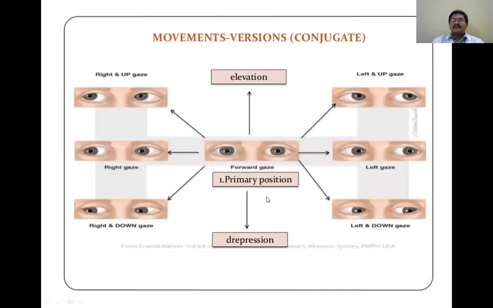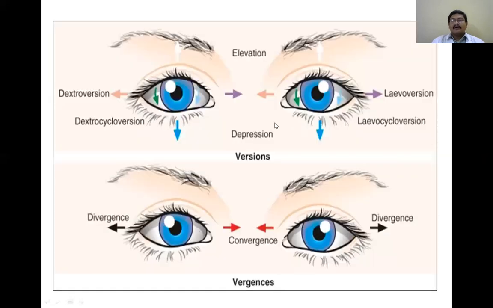This is the elevation, this is the primary position, and these are the versions. These are the levoversions. These are the dextroversions. The elevation, levoversion, intorsion. This is the dextroversion, the divergence, and the convergence.